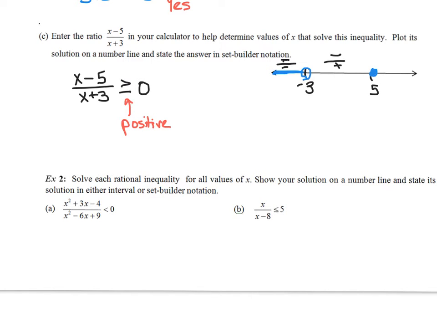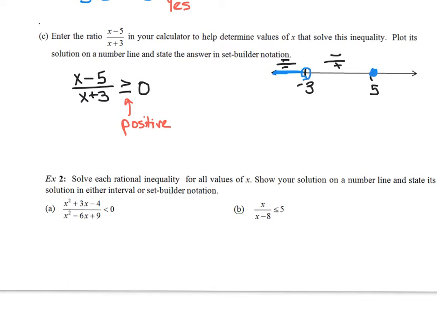It wouldn't have mattered what number I picked between -3 and 5. No matter which number I picked, I'm going to get the same results. A negative divided by a positive is negative, and I see that that does not satisfy my inequality because I only want positive answers. I don't want negative answers.